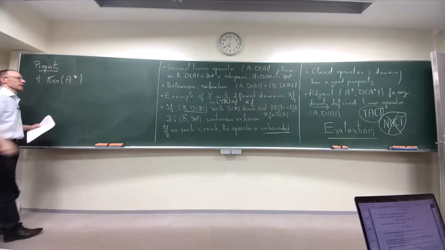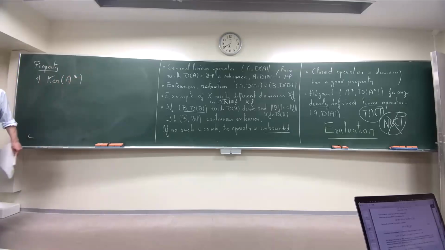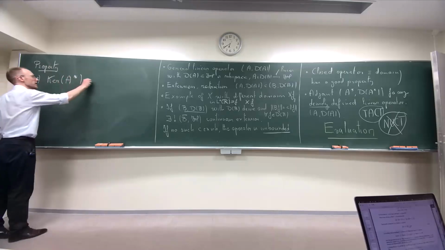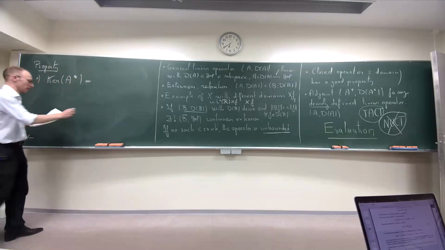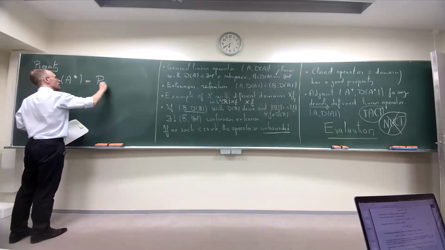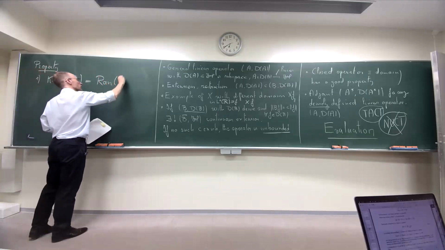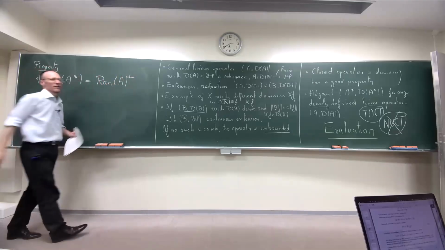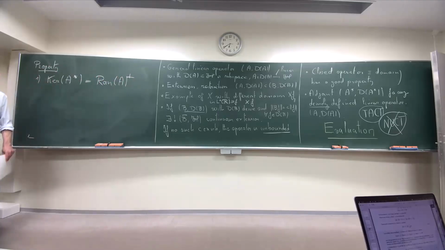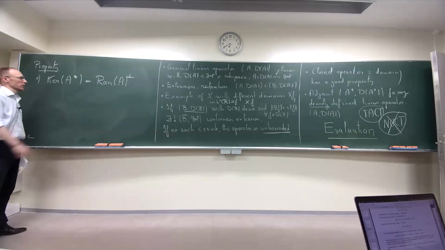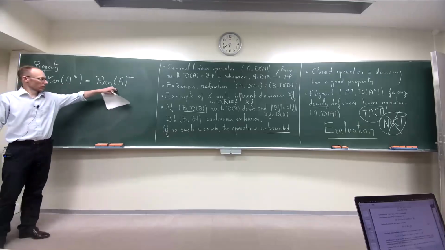The kernel of the adjoint matrix or the adjoint operator is the same as the orthogonal of the range. This is an exercise. You can check it. You use the scalar product, check the definition of the adjoint. So this is a useful property. You know what is a range?